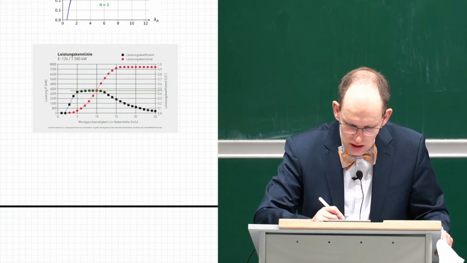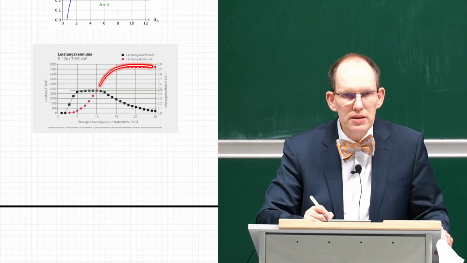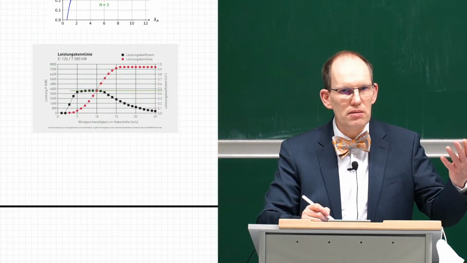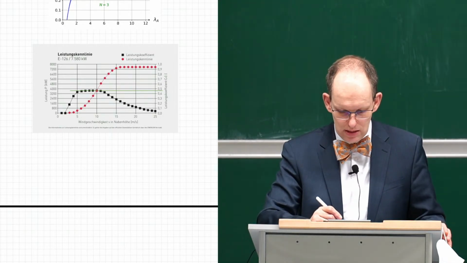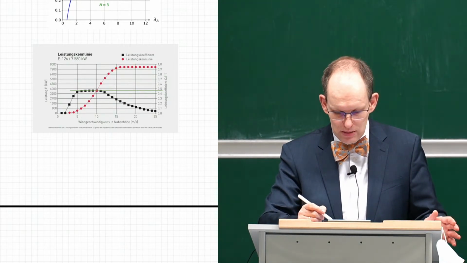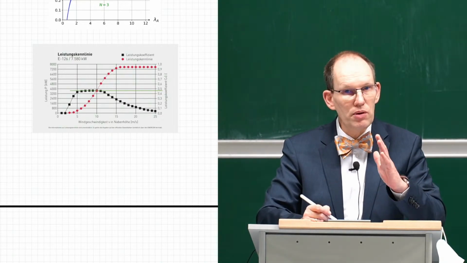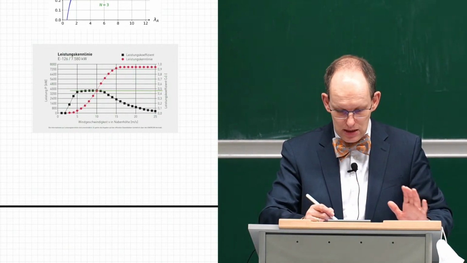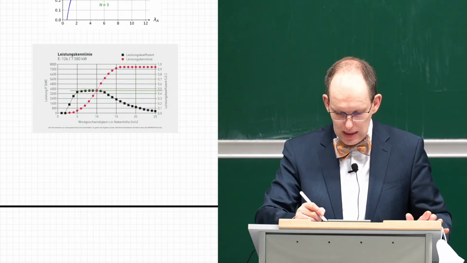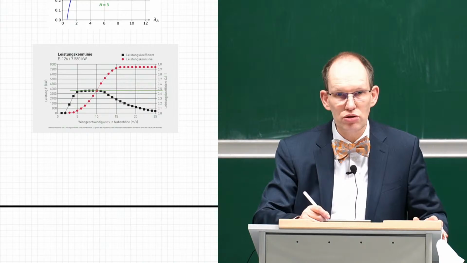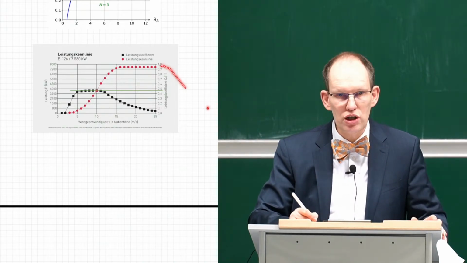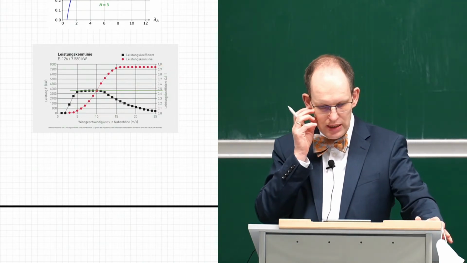And eventually it will go into saturation when its maximum power is reached, right? So it can't deliver more than the maximum power. And one would pitch the blades such that this remains constant. And if the wind speed is really a heavy storm, then of course they would switch it off, so it would go down eventually here again.